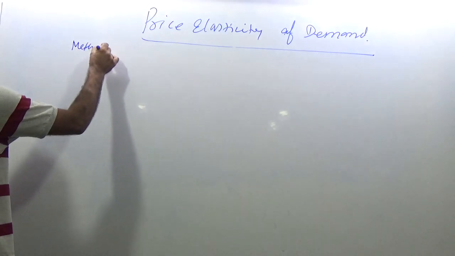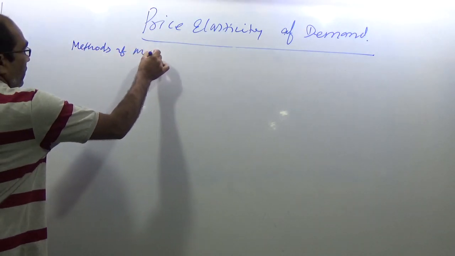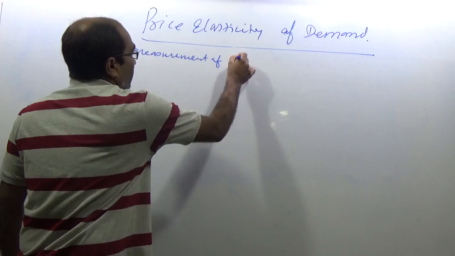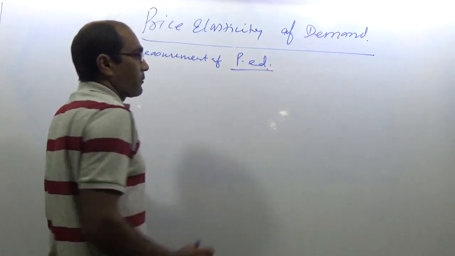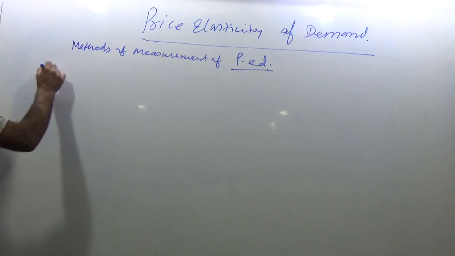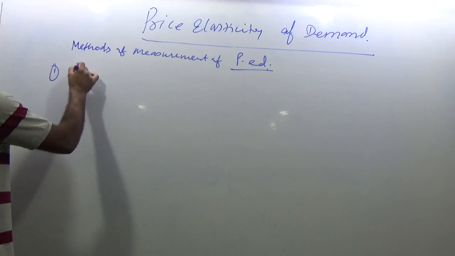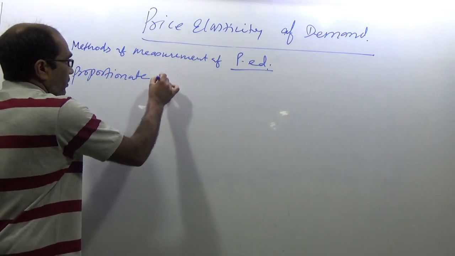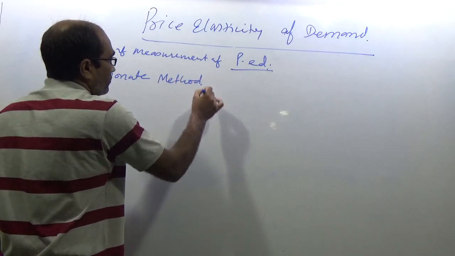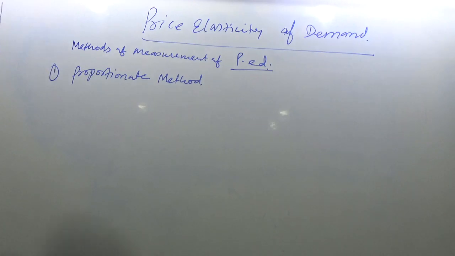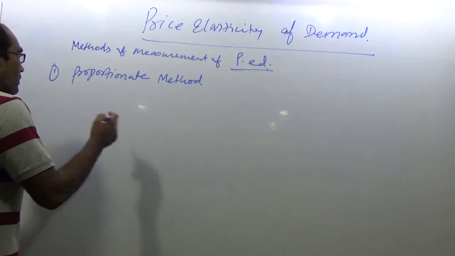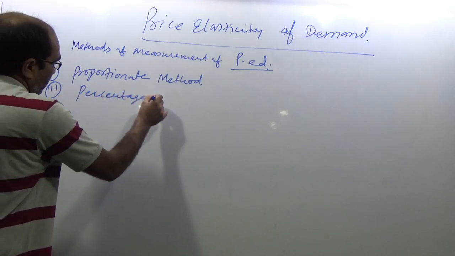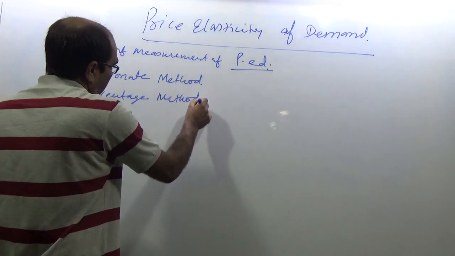Method of measuring or measurement of price elasticity of demand. Dear student, the first method is proportionate method. Second is percentage method.